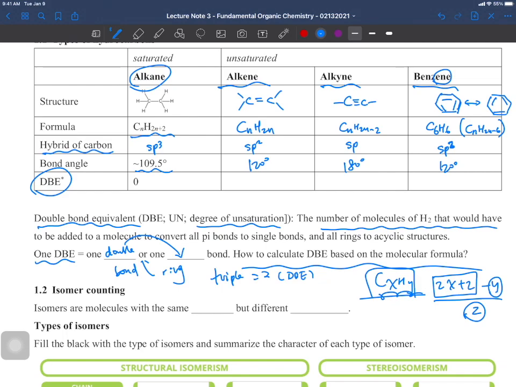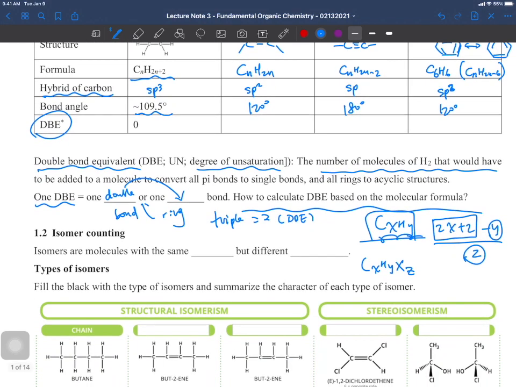So if we make it slightly more complicated, let's say it's CxHy and there is a halogen. Let's say there are Z halogens in the molecule. So can we get a similar equation to get a DBE? I think we definitely can, right?